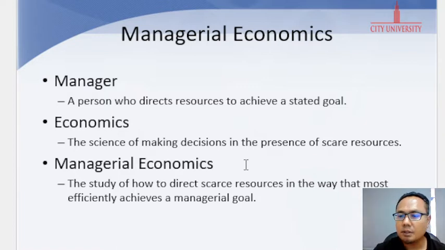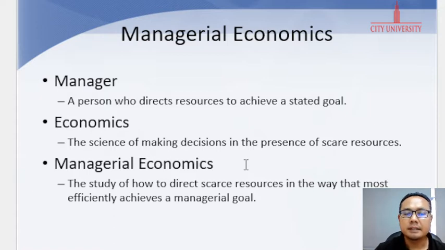And number two, you can see the definition of economics is the science of making decisions in the presence of scarce resources. So resources are simply anything used to produce goods or services, okay. And more generally, we use those resources to achieve a goal.